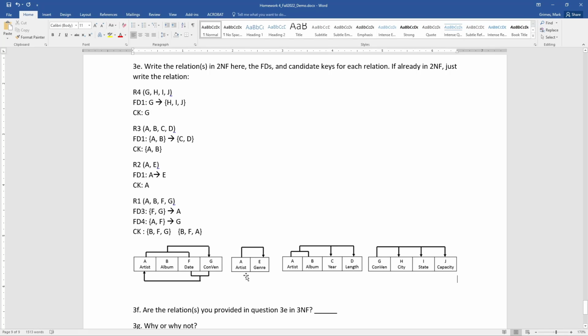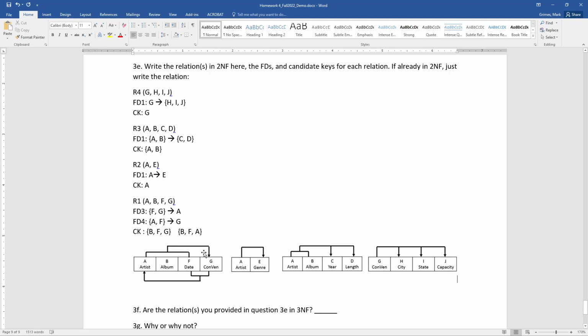And we could bring everything back together by just joining based on the determinants that we left behind. So A is a foreign key that refers to A in relation 2. AB together is a foreign key that refers to AB, the candidate key in relation 3. And G is a foreign key that refers to the candidate key G in relation 4.